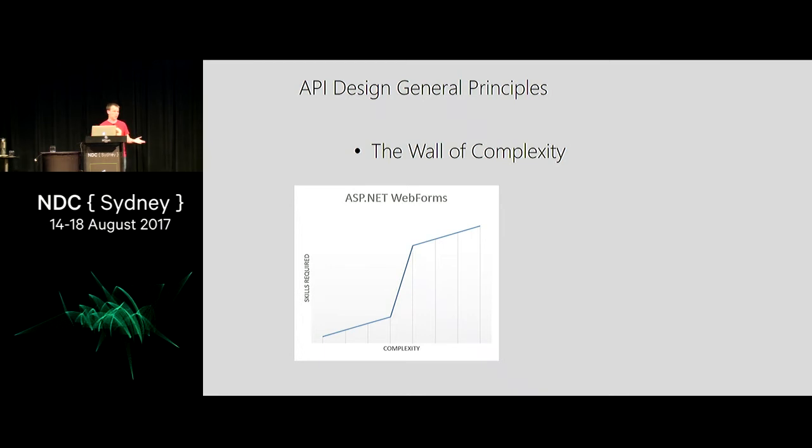The problem with web forms is that as soon as you hit a moderately complex task, so for me that moderately complex task was a repeating list of drop-downs that I'm data binding to. I want to post back to that page, and I want the new values that I selected to be populated in those drop-downs.